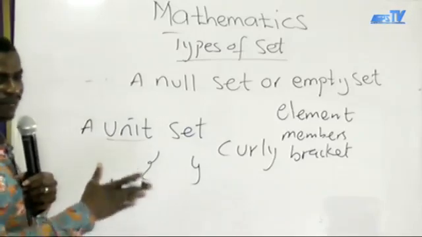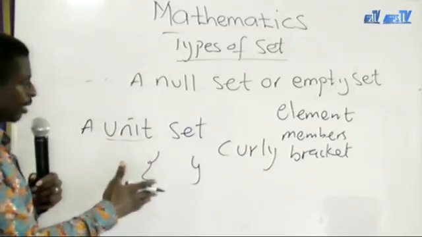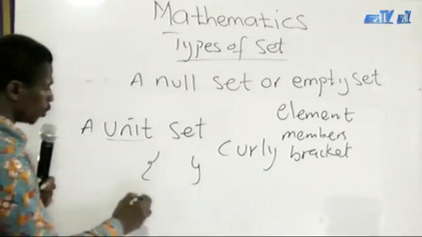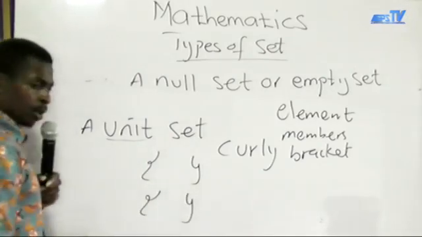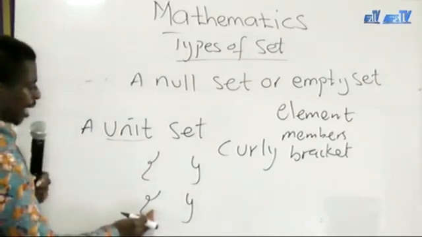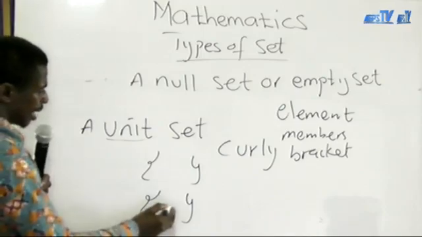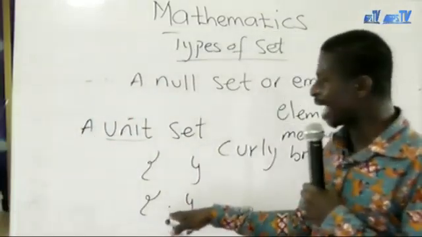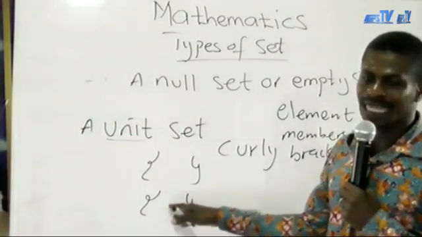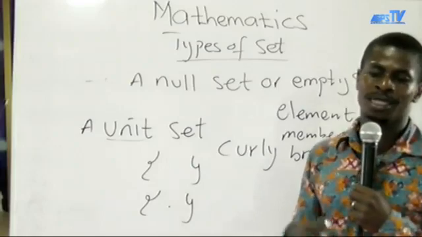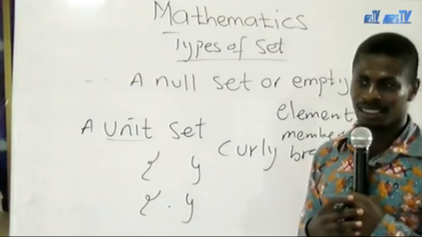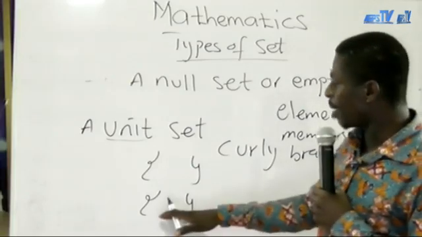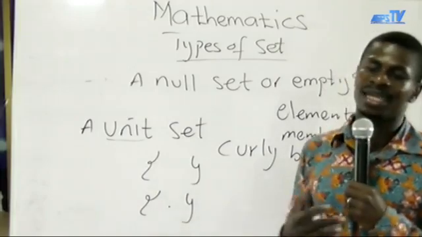The reason why I've taken you through this again is that sometimes you see a student with a set and a dot or a point inside this set, and when you ask the student what type of set this is, they tell you it's an empty set. Now don't forget that the members of a set can be anything.